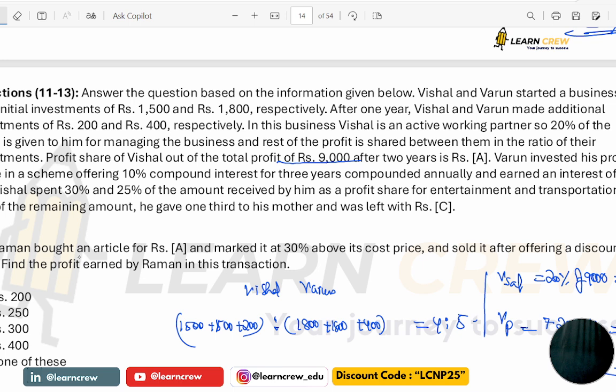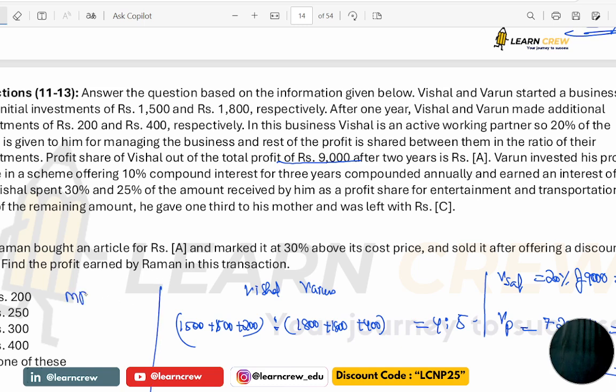Next, Raman bought an article for A rupees. So what is the value of A here? A is 5,000. Now Raman bought an article for 5,000 rupees and marked it at 30% above. So what is the marked price here?